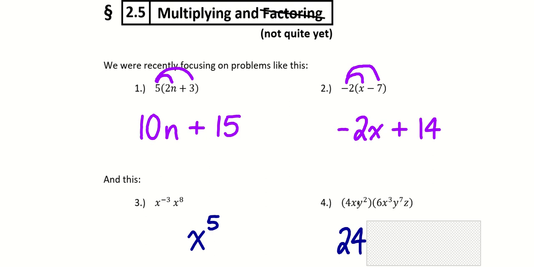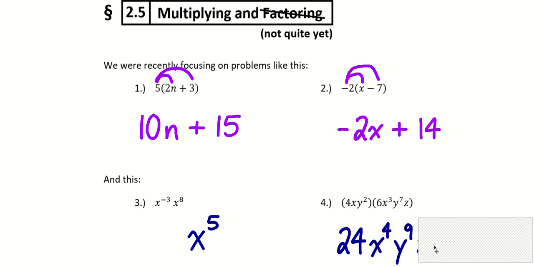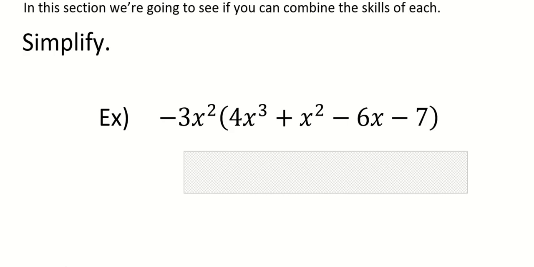It's like 4 times x times y squared times 6 times x to the 3rd times y to the 7th times z. So the 4 and the 6 simplify together to 24. Then x, which is technically x to the 1st times x to the 3rd, and then add for the y's, and then, like I said, the z. But that was before, right?